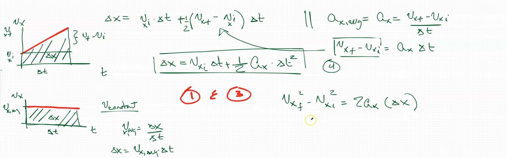And that will be our equation 5. So now we have 5 equations at our disposal. They are all on your equation sheet. And if they're not there, please just add whatever you might require for tests and quizzes.